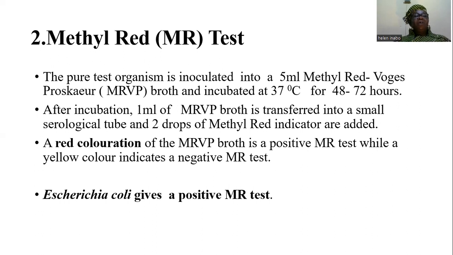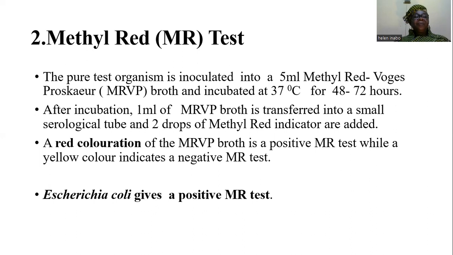The procedure involves inoculating the pure test organism into a 5 ml methyl red Voges-Proskauer MRVP broth, and this tube is incubated at 37 degrees Celsius for 48 to 72 hours. Control organisms should be included in the tests performed.